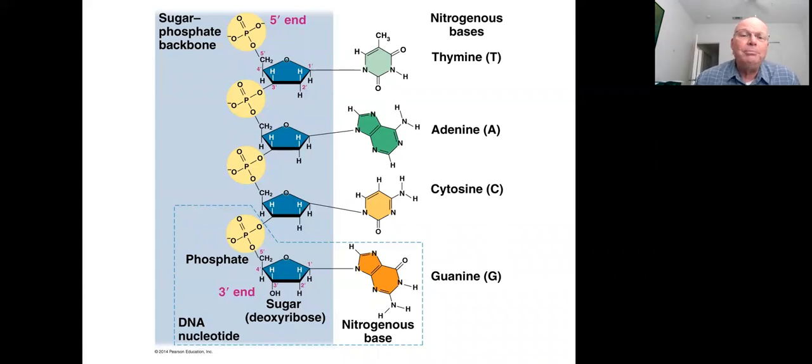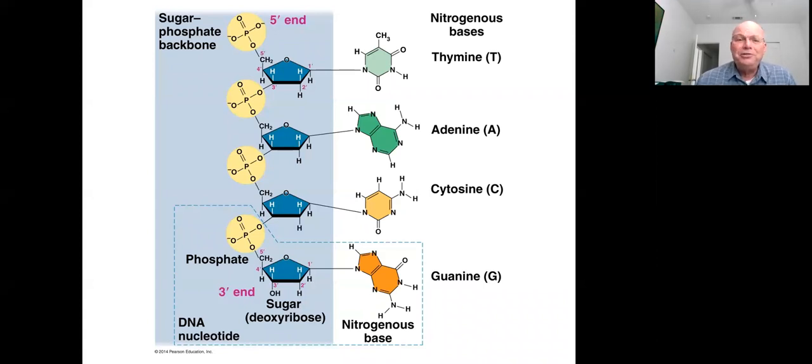And so we call the carbons 1', 2', 3', 4', and 5'. The key numbers are 3' and 5', which hopefully you've already started to figure out. But those are the key numbers because those are the carbons in the sugar ring that are used to form the backbone of the DNA molecule.